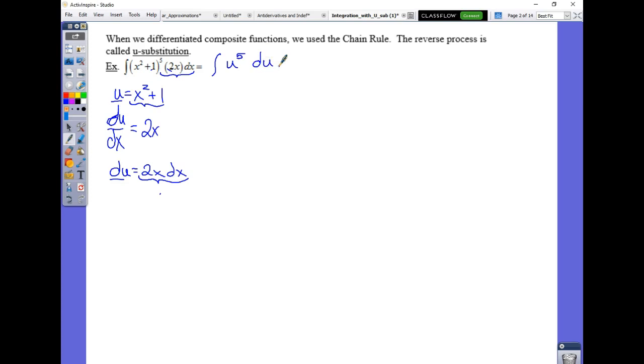What we get is a problem that has one variable. It's only u's now. And do I know how to take the antiderivative of u to the 5th? Certainly. u to the 5th is u to the 6th over 6 plus c.